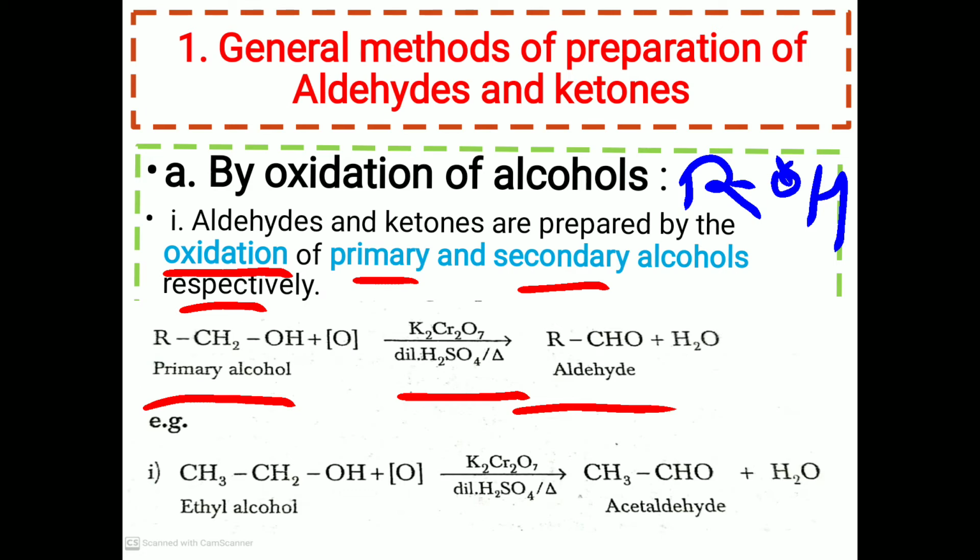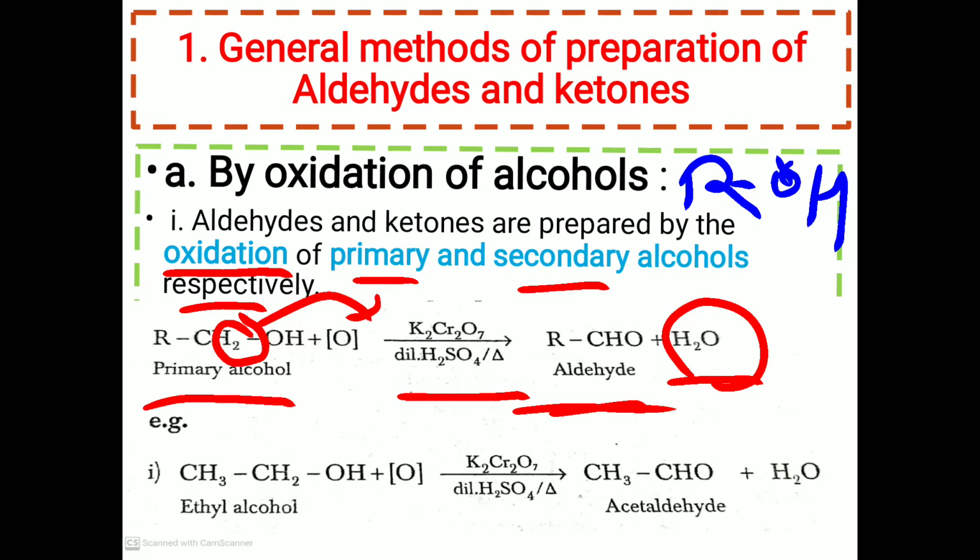In this reaction, the primary alcohol, represented by RCH2OH, loses H2, that is hydrogen atoms, and there is formation of aldehyde, RCHO, and this H2 reacts with the O, forming the byproduct, a water molecule, H2O.